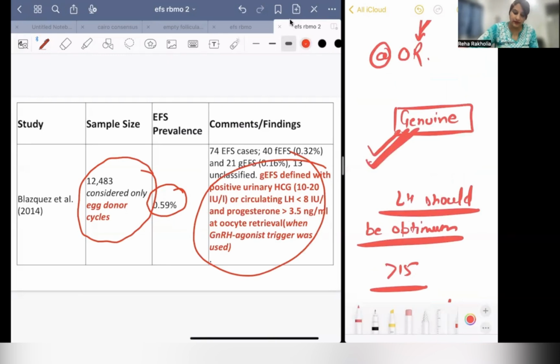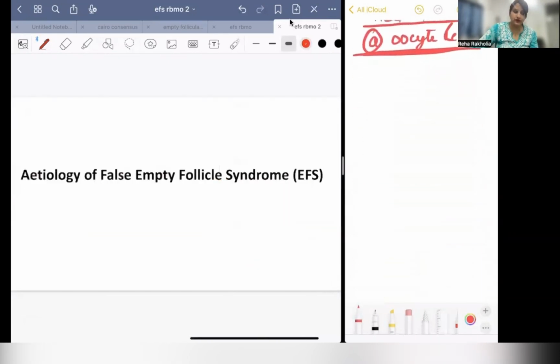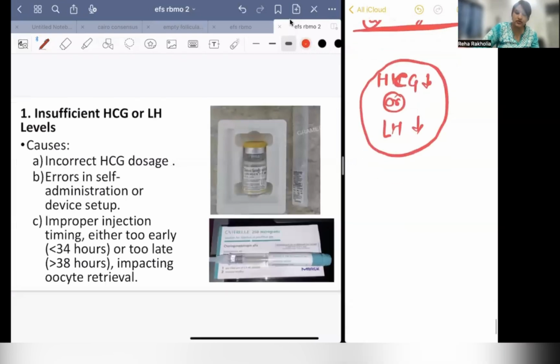Okay, now the etiology of empty follicular syndrome. First is either HCG or LH level is low. This is the etiology of false empty follicular syndrome.